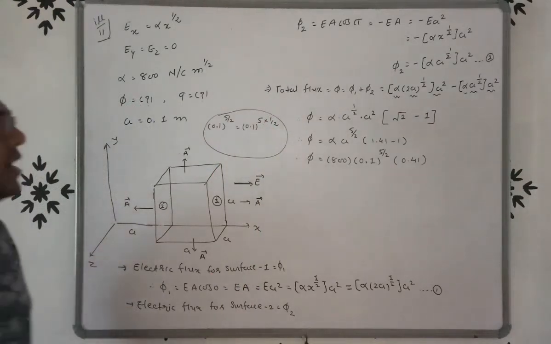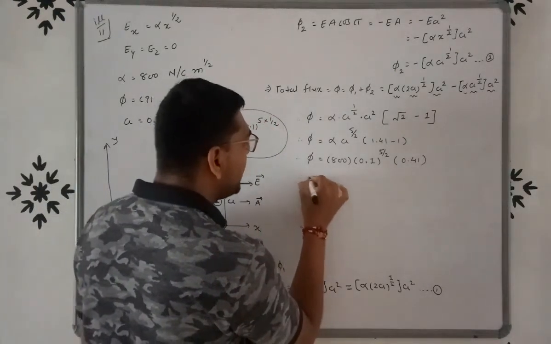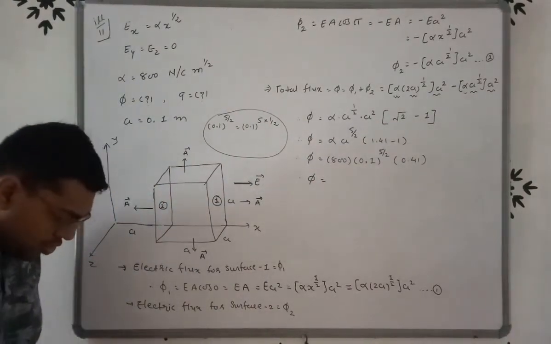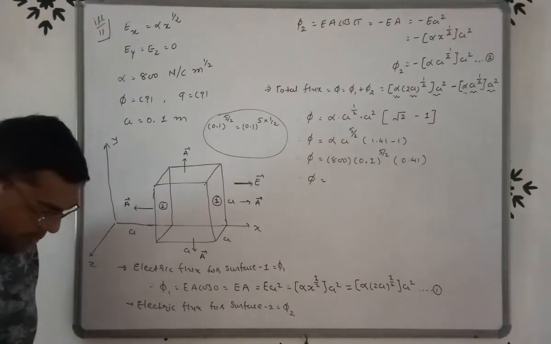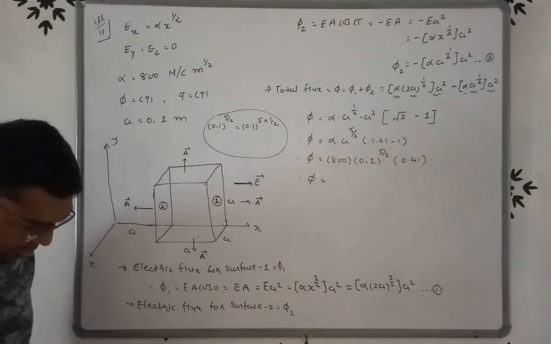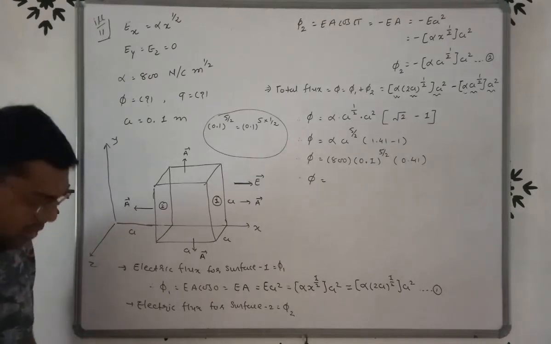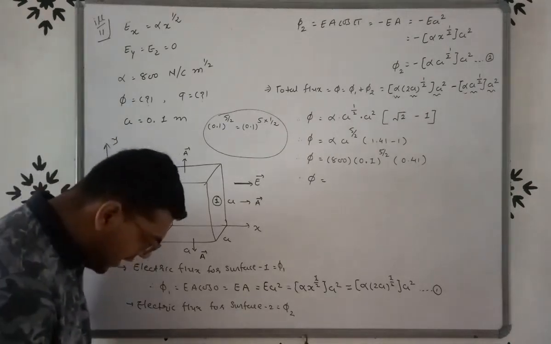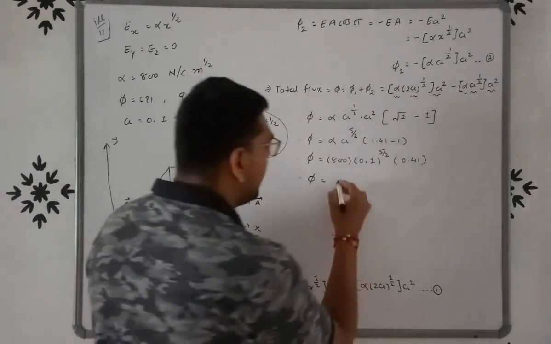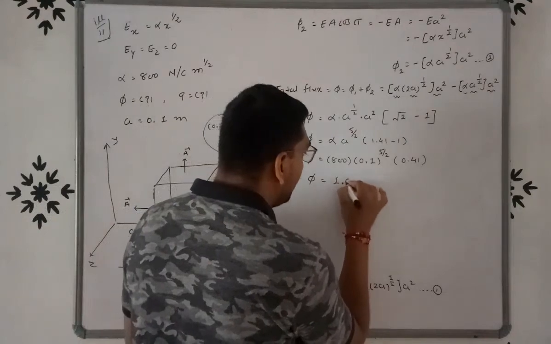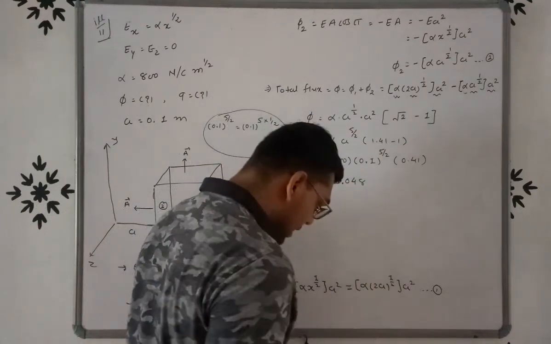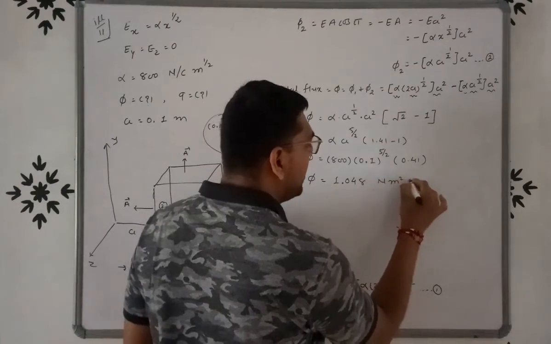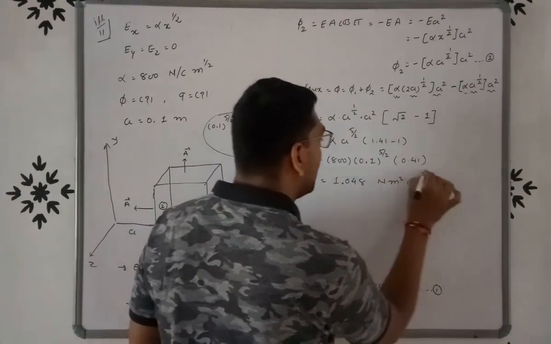After the calculation, you will get flux phi is equal to 1.048. The unit of flux is Newton meter square per coulomb.